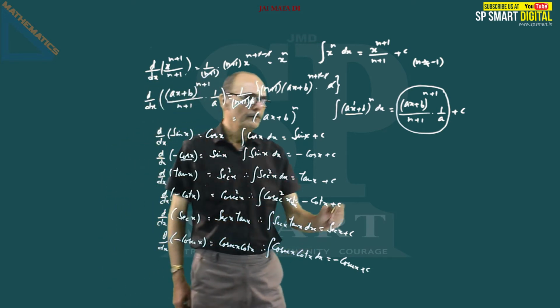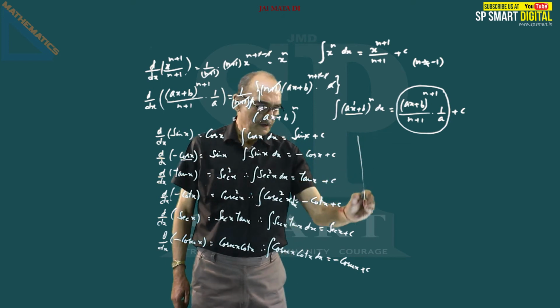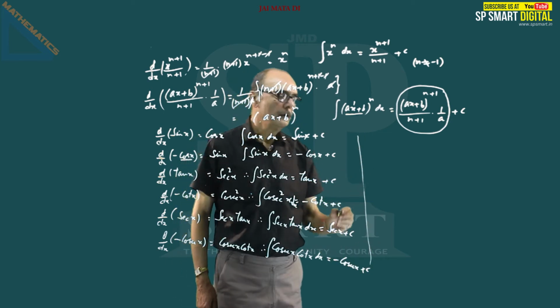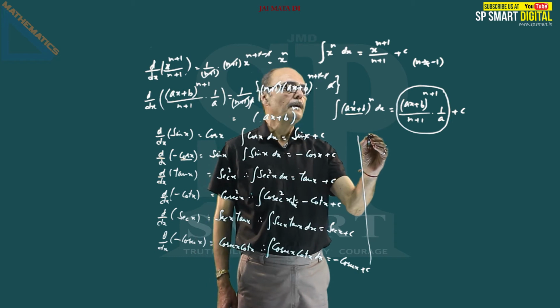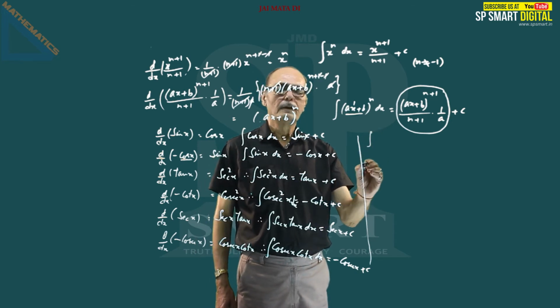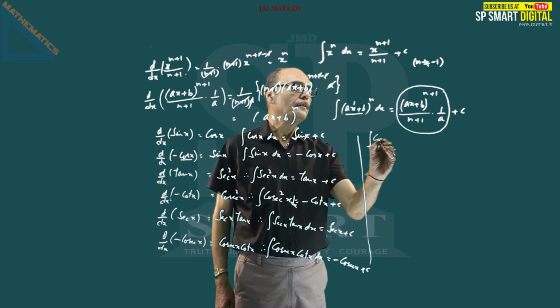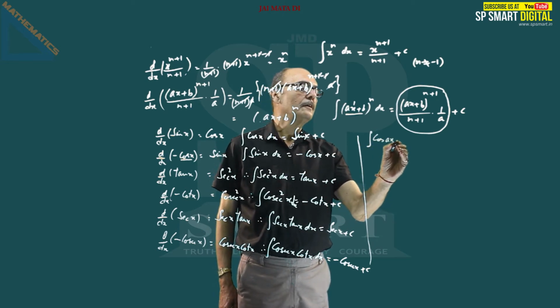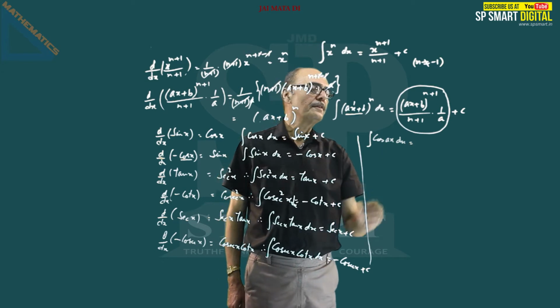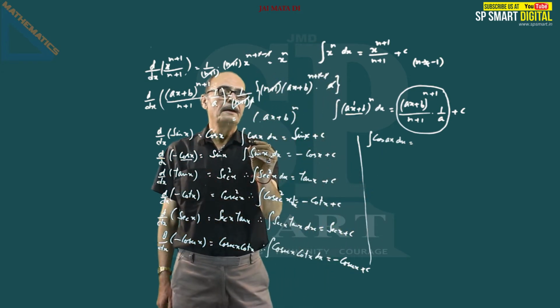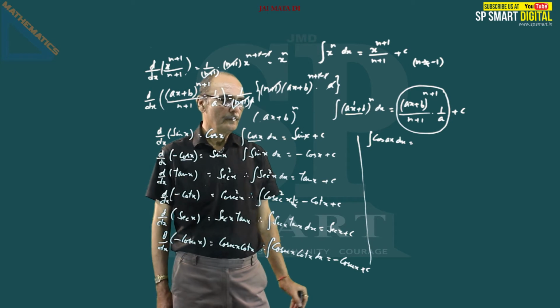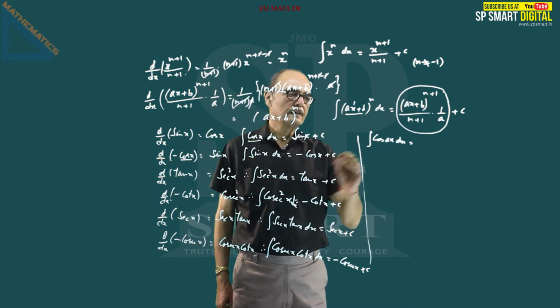Thereafter, we have integral of cos of ax dx. Make the difference here, that here it is cos x, here is cos of ax.